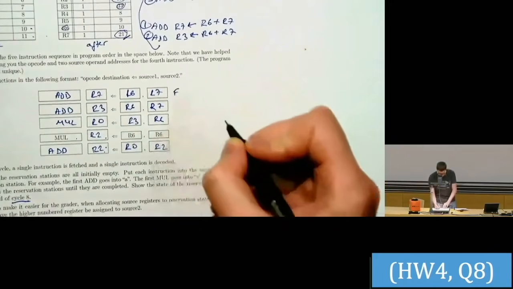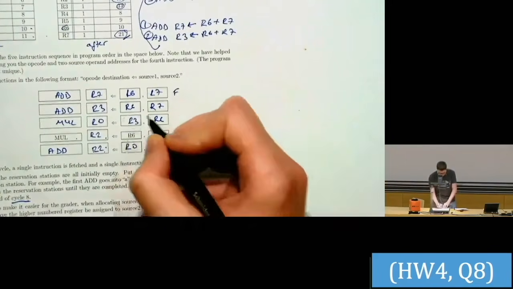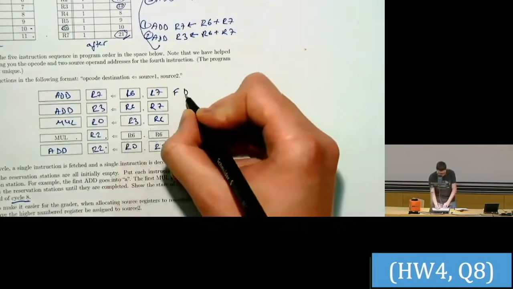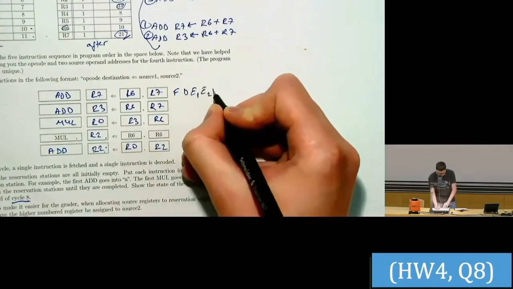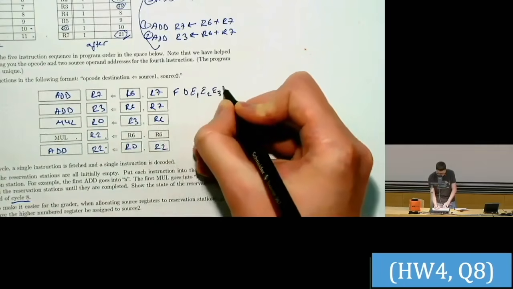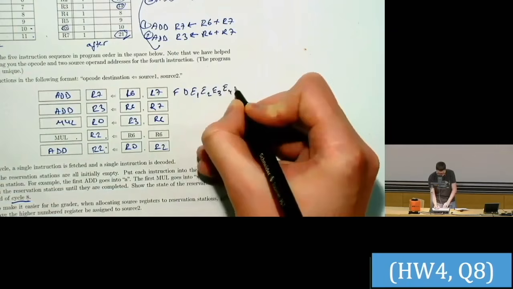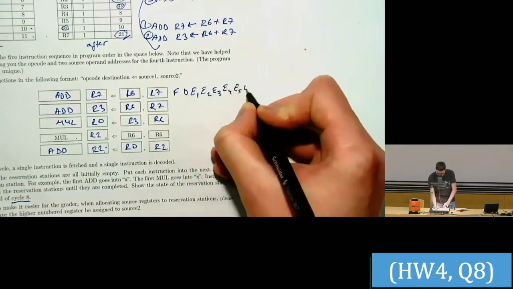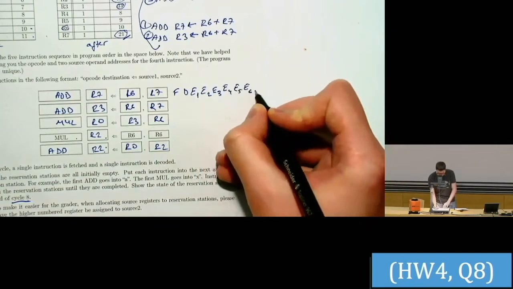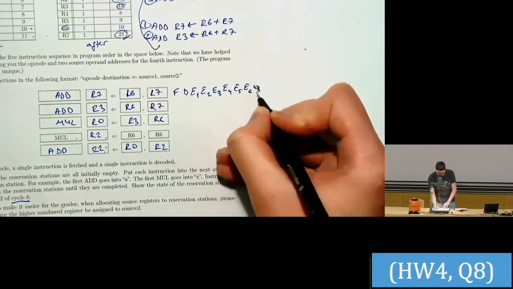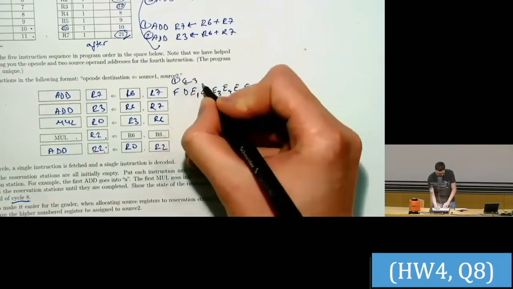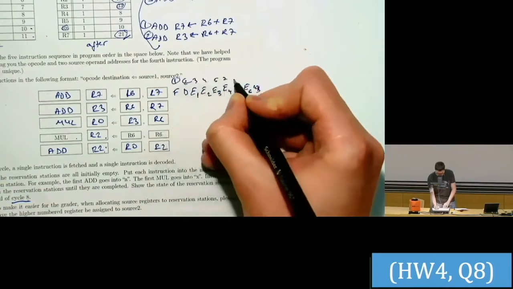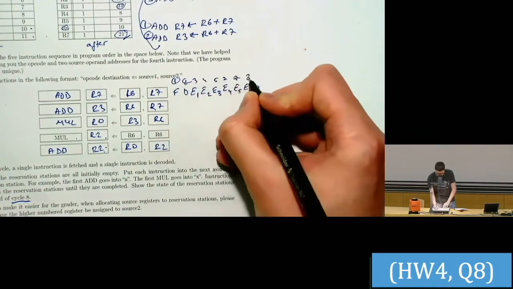So I will just write it here. In the first cycle, for the add instruction, we will do fetch and then decode, and then we will go through E1, E2, E3, E4, E5, E6, and then it will be write back, right? So this is the first cycle, second, 3, 4, 5, 6, 7, and 8.